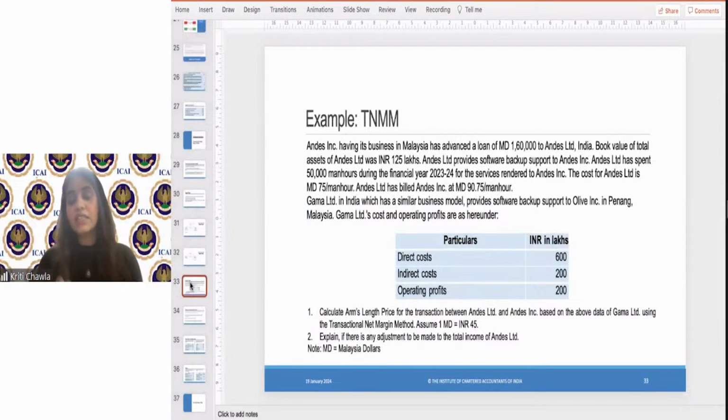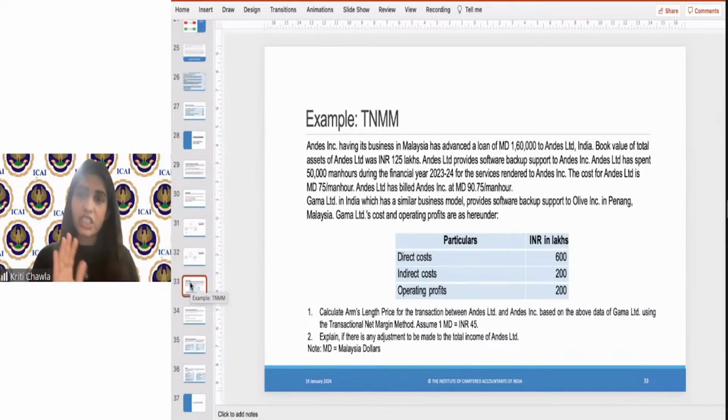So when I said that it's going to be the most appropriate method, I'm going to talk about what method will be used when, but it just depends on what is the kind of information that is available to you. A lot of times, people prefer TNMM because for TNMM, you just need one financial. You don't need the segregation.